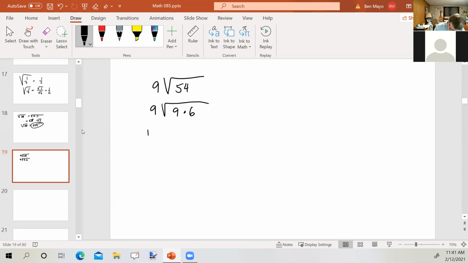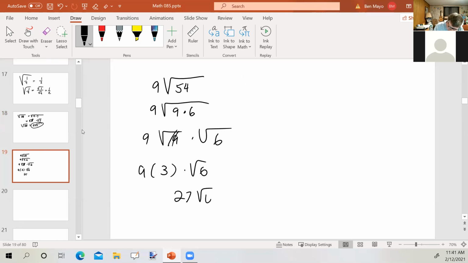So now I've got 9 times the square root of 9 times the square root of 6, which is 9 times, well, the square root of 9 is 3, times the square root of 6, so I get 27 square roots of 6. So 9 square roots of 54 simplifies down into 27 square roots of 6. So again, we've reduced the amount inside the radical, so we've simplified it.